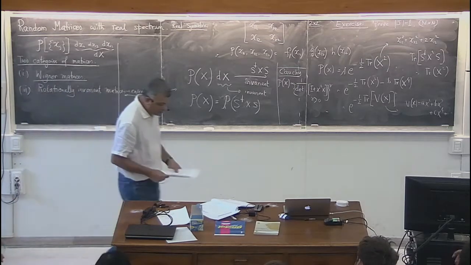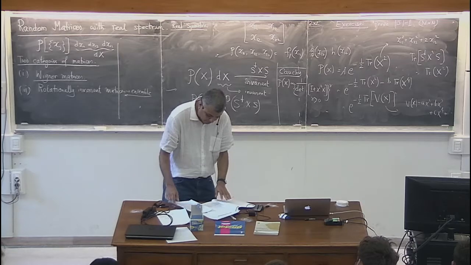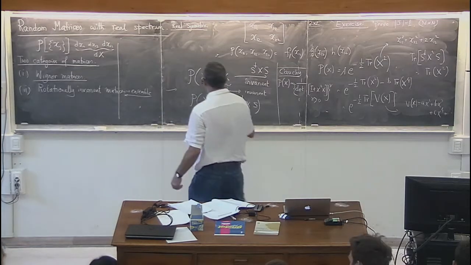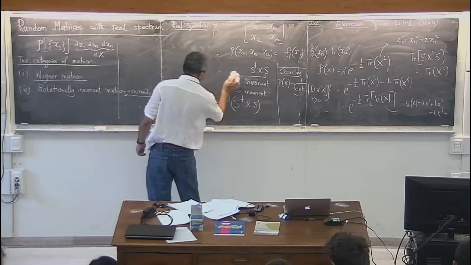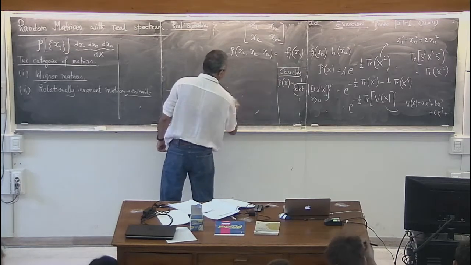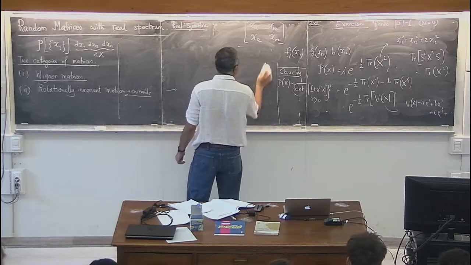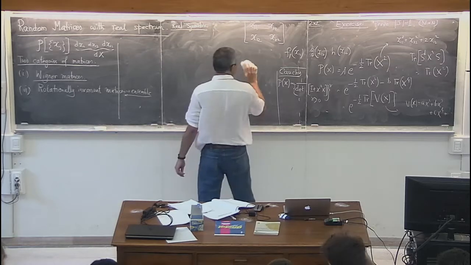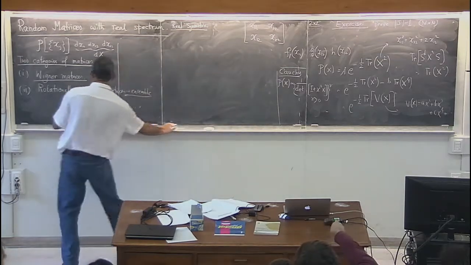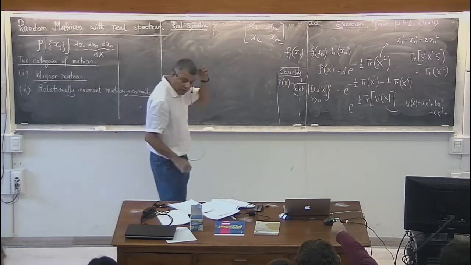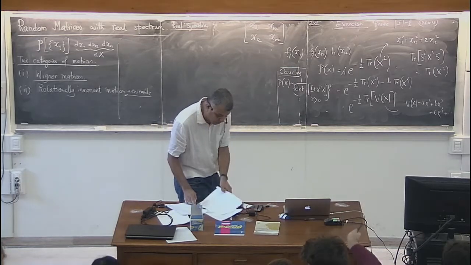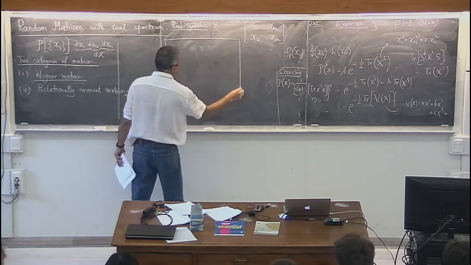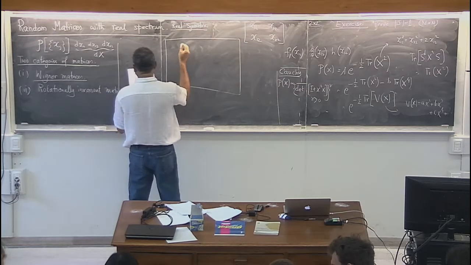Okay, so now comes an interesting fact. I've defined two classes of matrices, right? Wigner matrices and the rotational invariant ensembles. So imagine that this is a space of all possible random matrices with real spectrum.